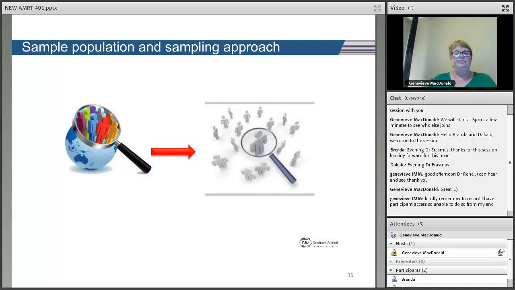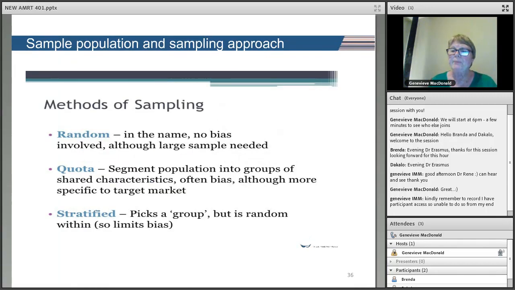So now you've decided on the approach that you're going to follow and the tools that you're going to use. Now you have to identify the sample population and how you are going to pick the sample from that population. There are many sampling approaches.